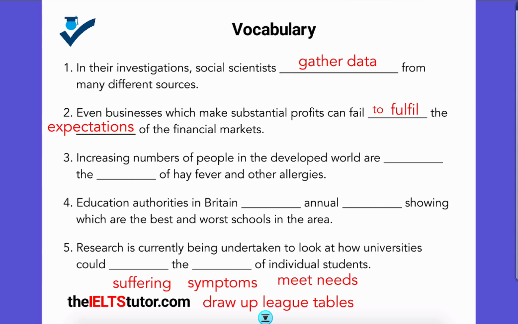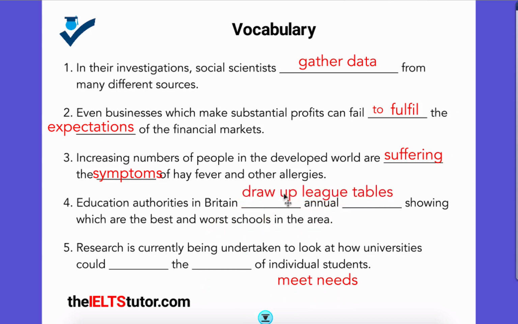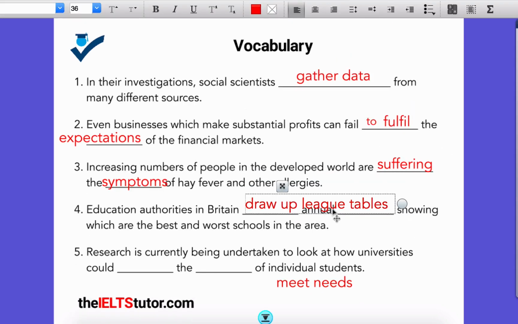Okay, increasing numbers of people in the developed world are suffering the symptoms of hay fever and other allergies. Okay. Next, education authorities in Britain draw up annual league tables. So I think we need to separate the two here. Let's try and do that.